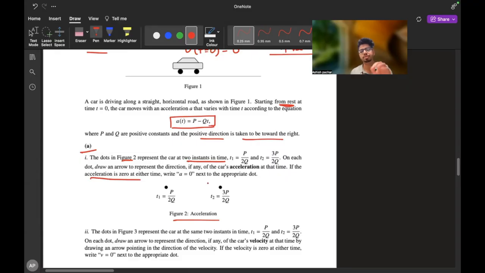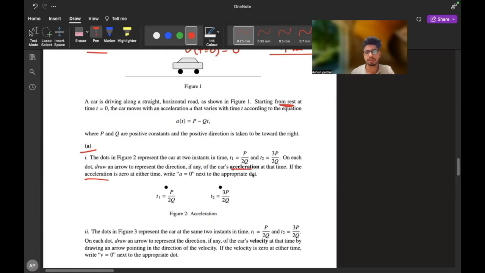If the acceleration is 0 at a given point, you have to show acceleration is 0, just write it. If the acceleration is negative, you have to show the arrow to the left side. And if the acceleration at a given point is positive, you have to show it on the right side. Because we have to just show the arrow of the acceleration only.